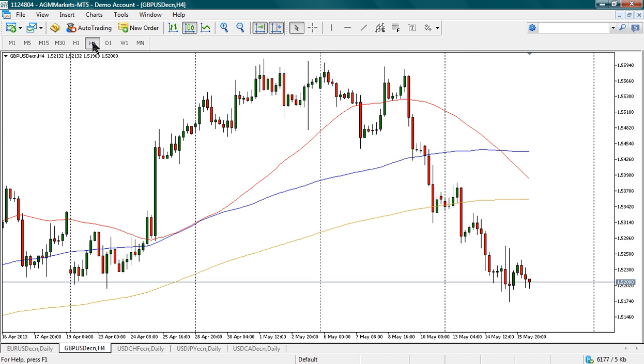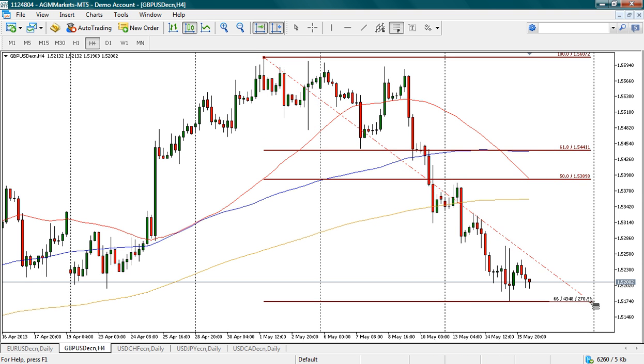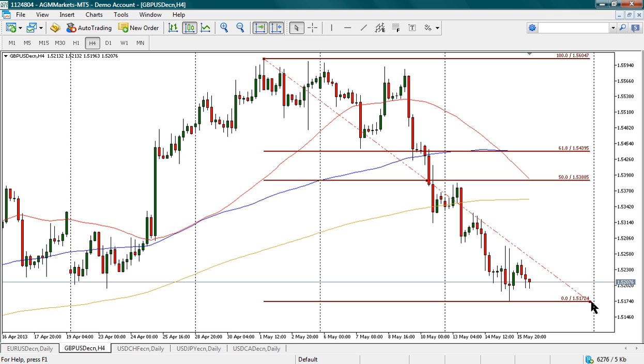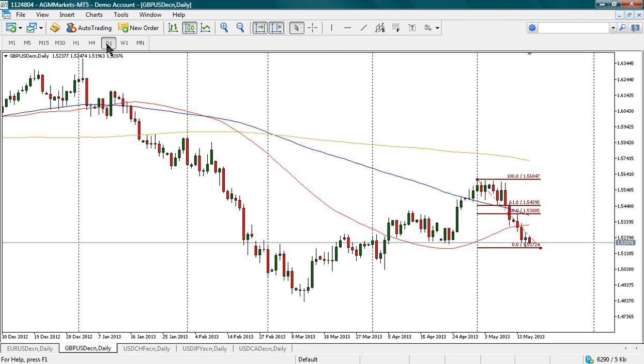I mean, in terms of the shorter time frame, similar with the euro dollar, there isn't really any clear sort of dips, like in terms of fib dips. So the obvious fib for sellers at any bounces would be that one there, the more obvious one, very similar to euro dollar.